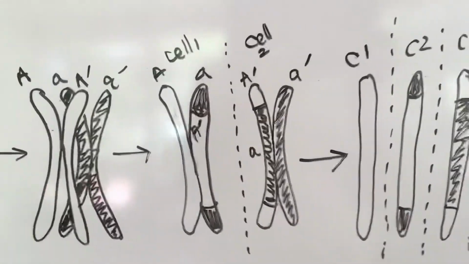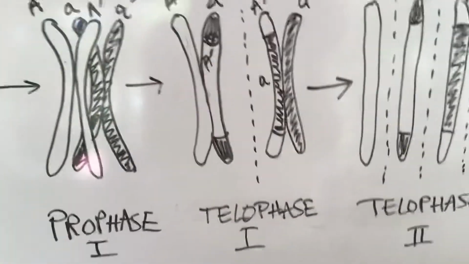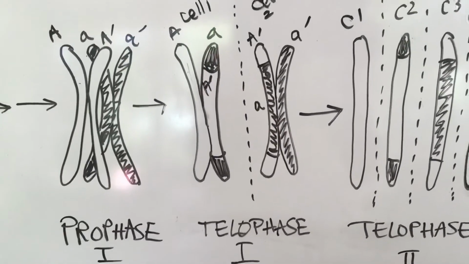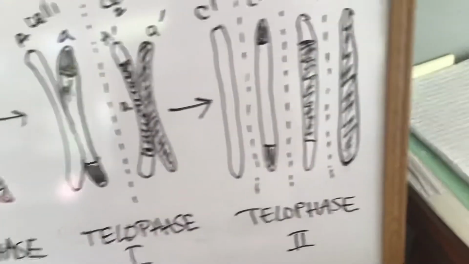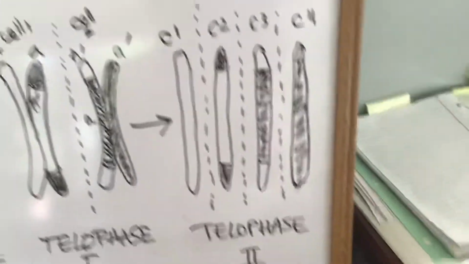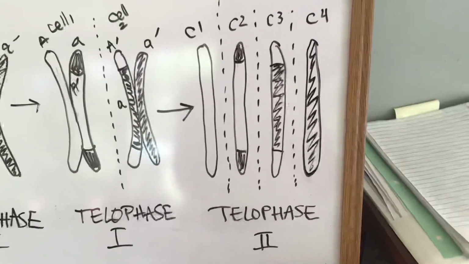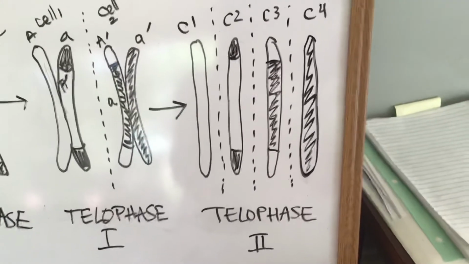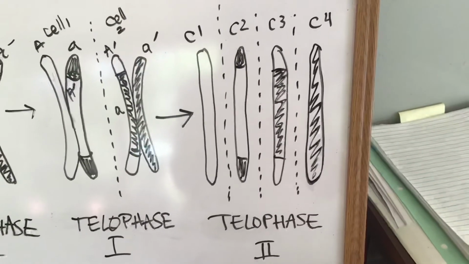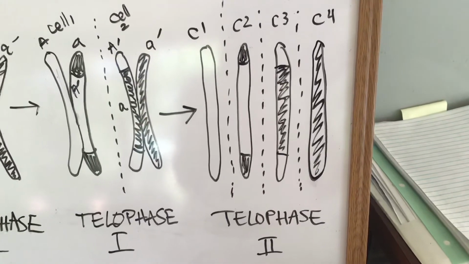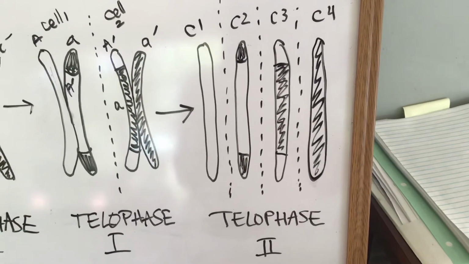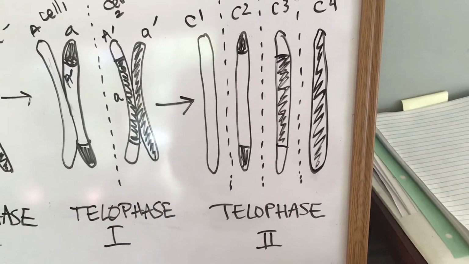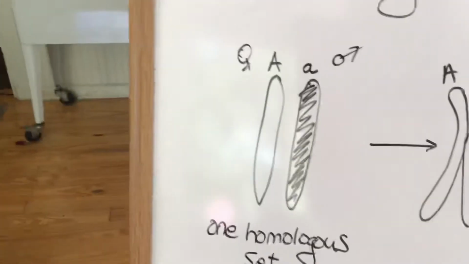All right, so now through the process of meiosis, what will happen through the next phases is that at the very end, I'm going to end up with cells that have one of each of those homologous chromosomes, like we were talking about earlier. These are the haploid cells. But notice that the chromosomes are no longer like they were at the beginning. In other words, I don't have two clear ones and two dark ones like you might expect.